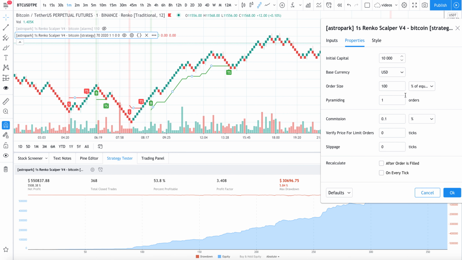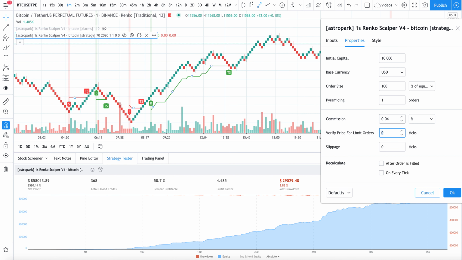You can also set here, for example, your initial capital in USD and the commission. This is, for example, the commission you have on Bybit or on BitMEX, if I'm not wrong, while on Binance Futures it is usually lower, 0.04 for example.